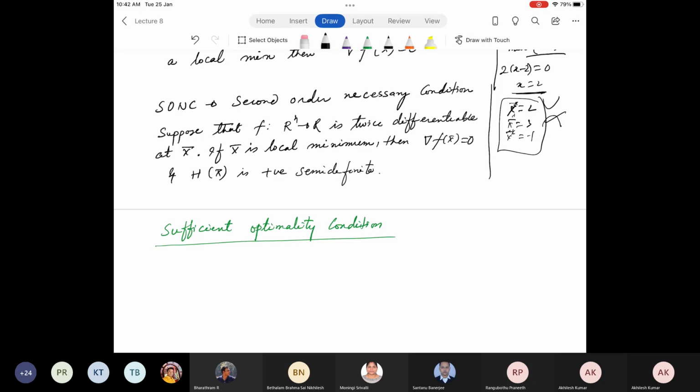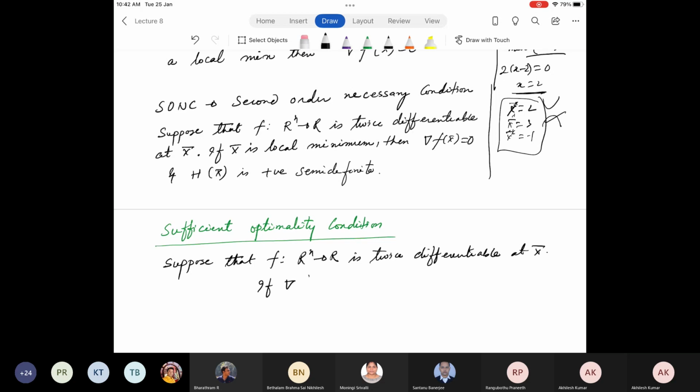So sufficient condition states, suppose that f from R^n to R is twice differentiable at x bar.